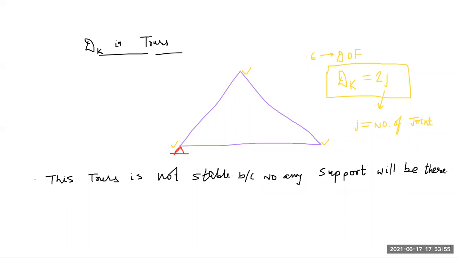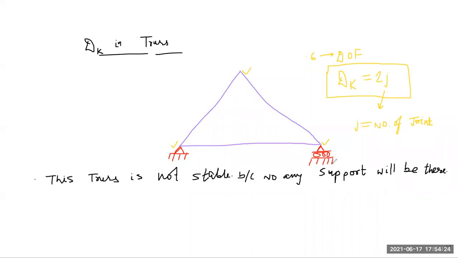So basically we provide a joint. This is the joint. Now is this truss stable or not? Yes, now this truss will be stable.